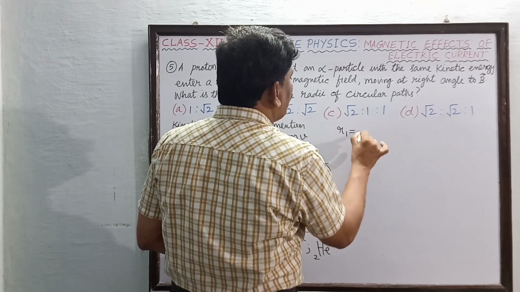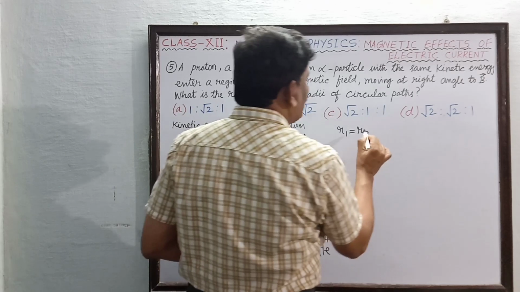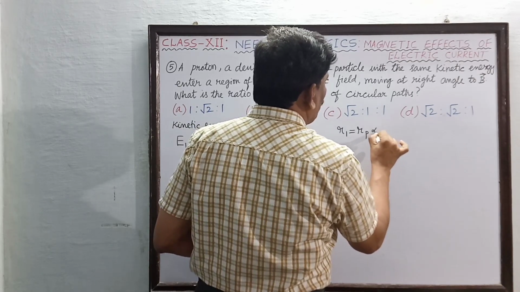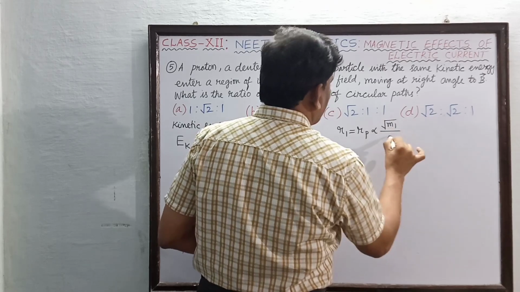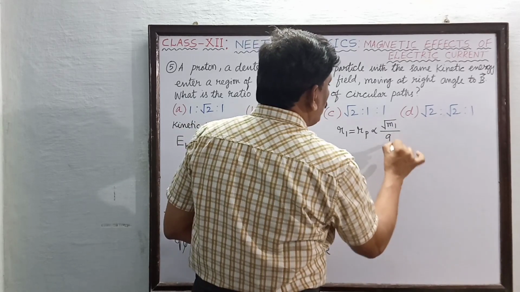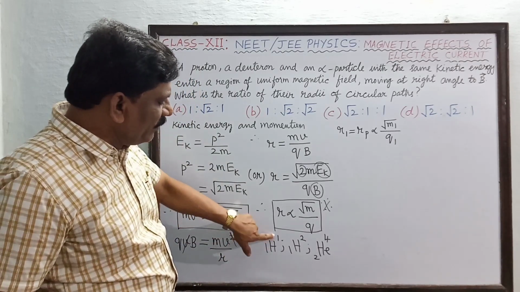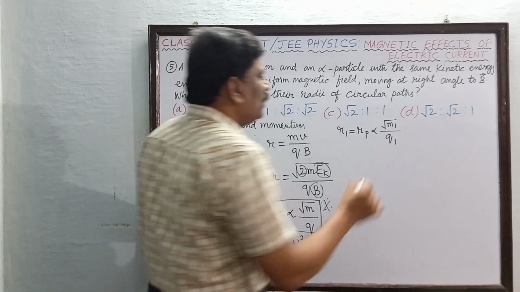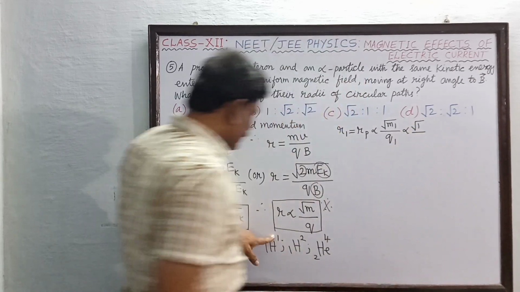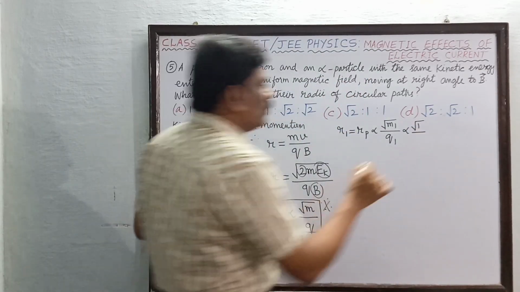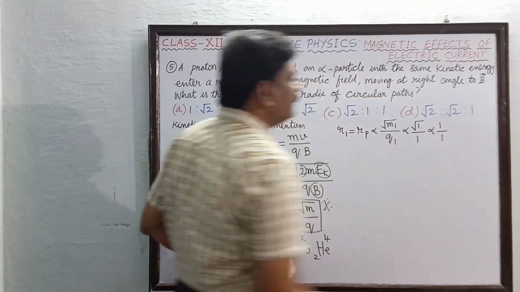R1 is the radius of the circular path of a proton, Rp, proportional to square root of m1 divided by q1. m1 is 1 and charge q1 is also 1, so this is proportional to 1 by 1.